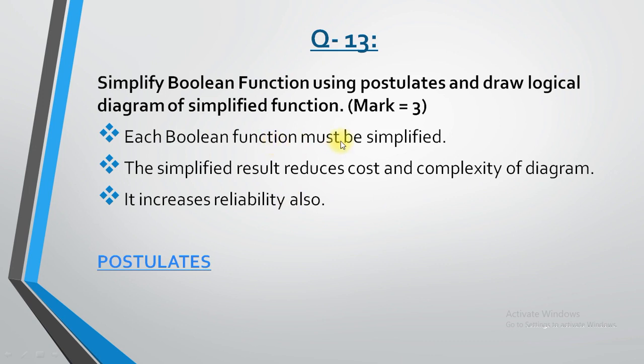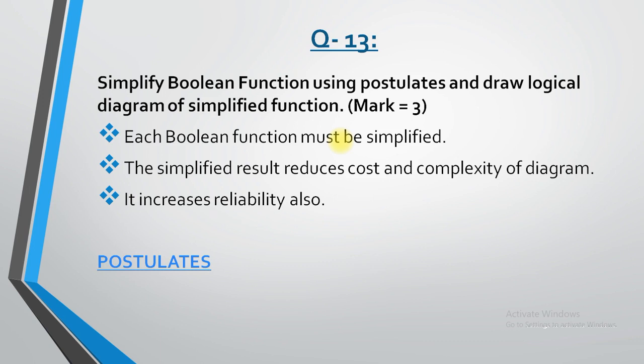Why is simplification required? Because if the Boolean function is complex, the circuit you are going to draw, which is based on the Boolean function, will be difficult to form and complicated. So better to simplify the Boolean function first, and based on that you can draw the circuit, which gives you a better result.